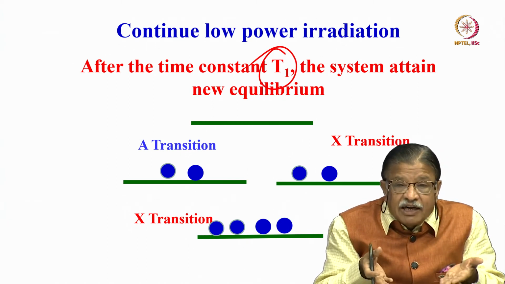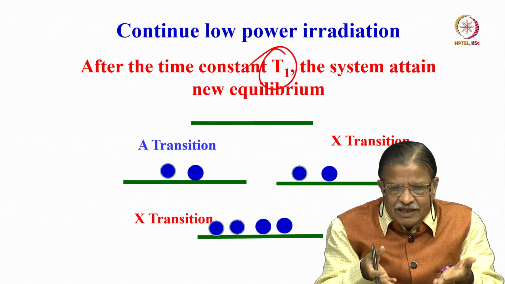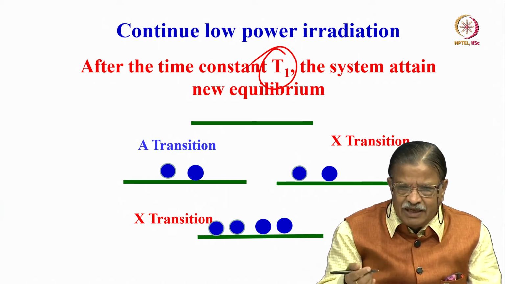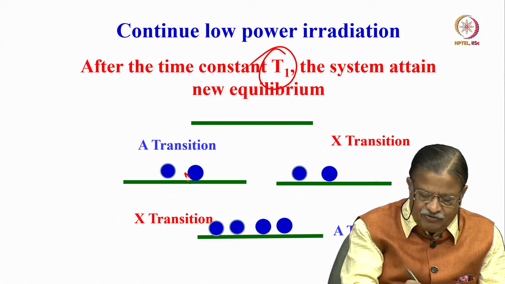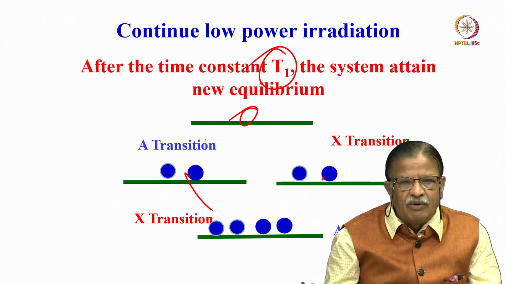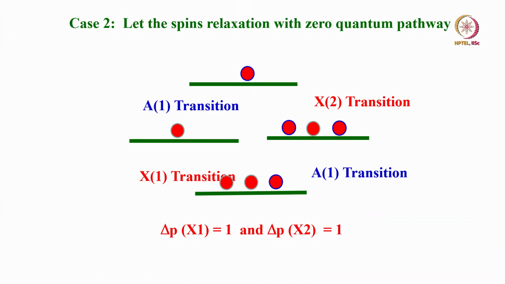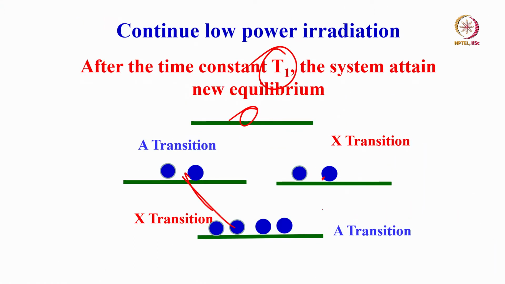This is where we started with. After attaining thermal equilibrium, this was the spin population we took for calculation of intensity as some numbers. So, again 4, 2, 2, 0 it came. Now, we recalculate the populations. Population difference if we recalculate, now it is again X is 2, A is 2, 2, 2. So, intensity has come to the original state.